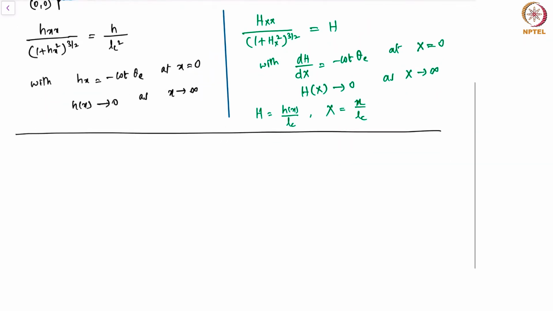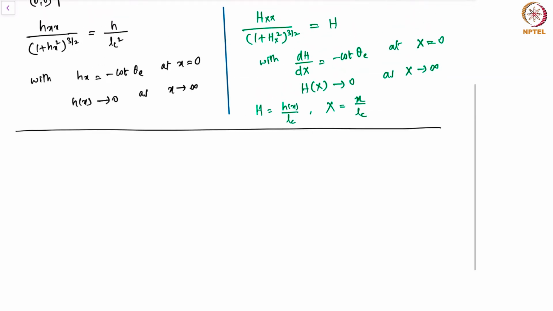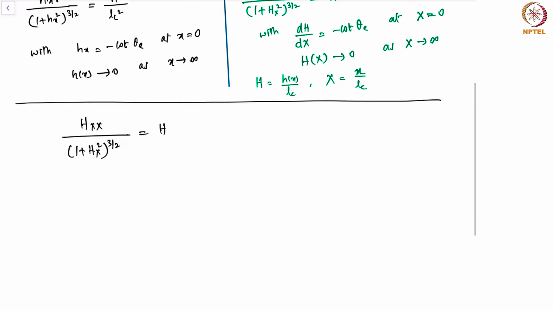So let us begin by looking at the equation that I've written on the right hand side. The equation that we have is hxx by 1 plus hx square whole power 3 by 2 is capital H. Now we can multiply the equation with hx.